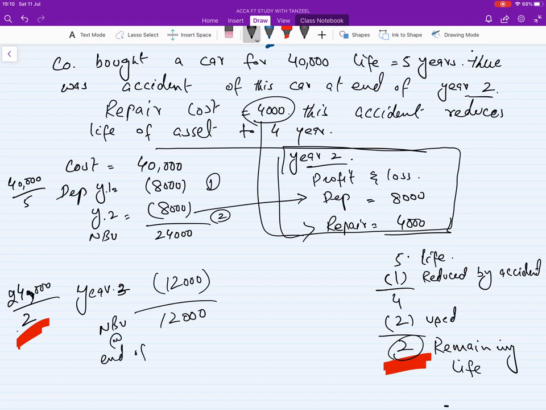In the year 3 profit and loss, depreciation expense will go. Depreciation expense was 12,000.